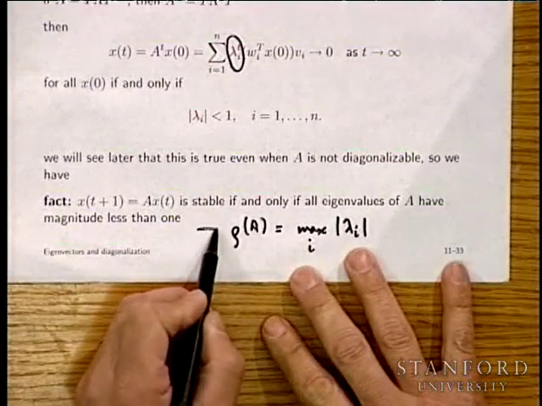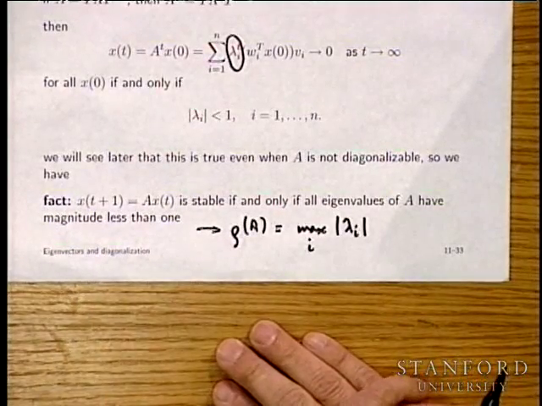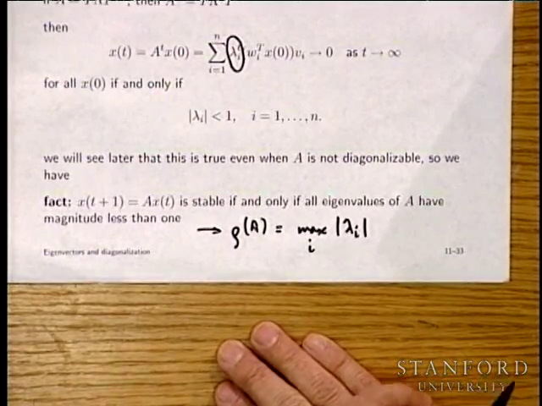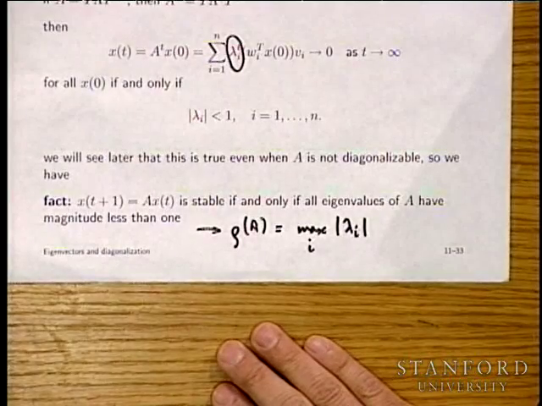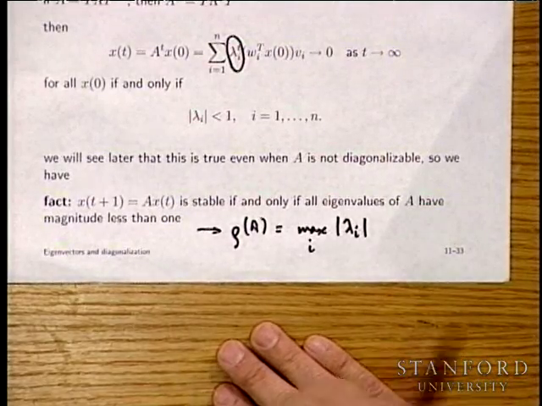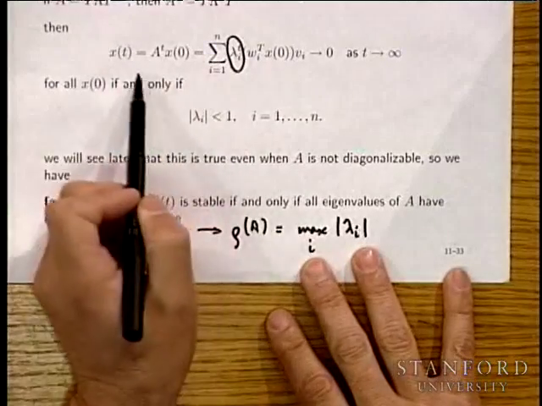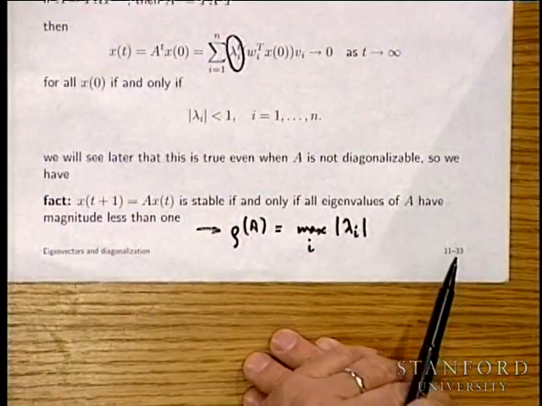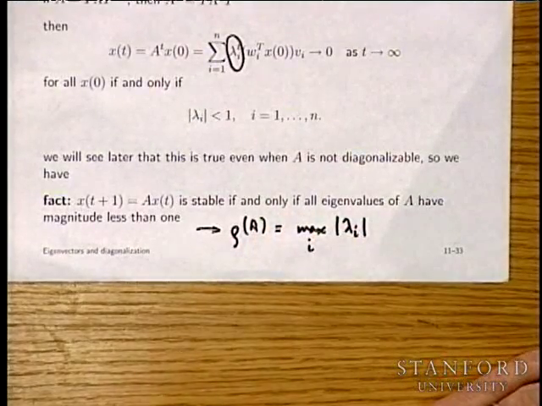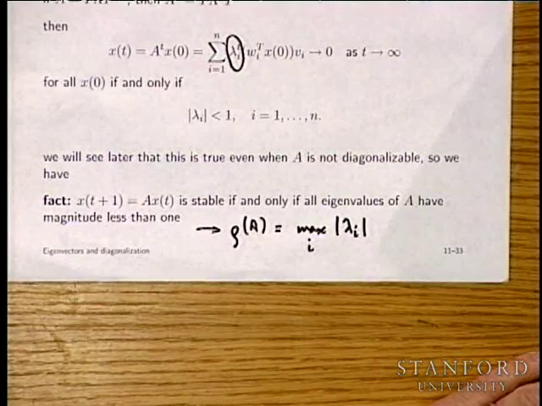Now, more generally, rho of A gives you the asymptotic growth or decay magnitude. So, for example, if rho is 1.05, in other words, there is at least one eigenvalue with a magnitude 1.05, it says that x(t) will grow asymptotically. It depends on the initial condition, but it can grow as fast as 1.05 to the t.